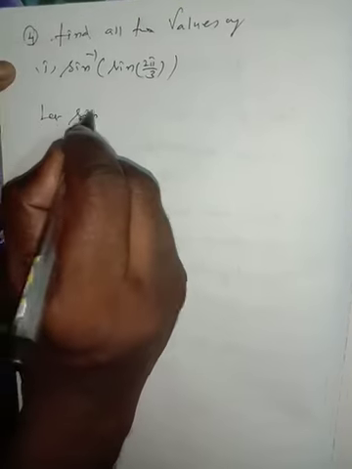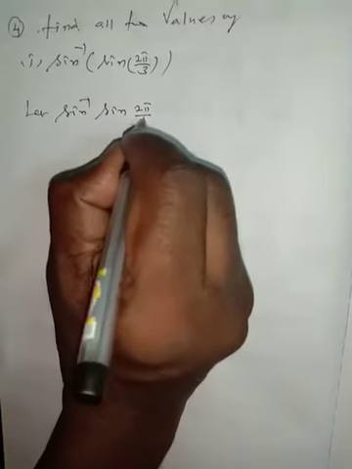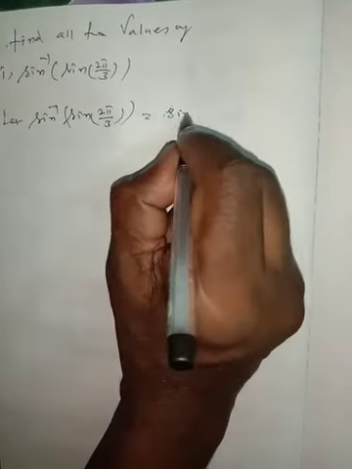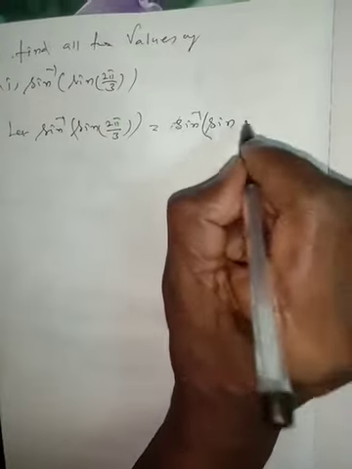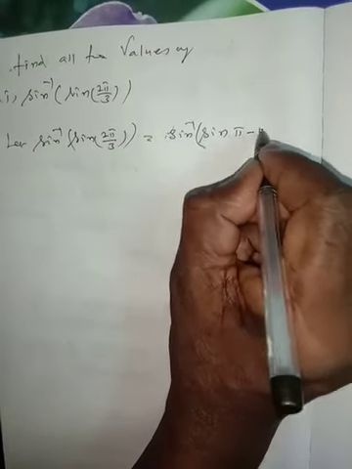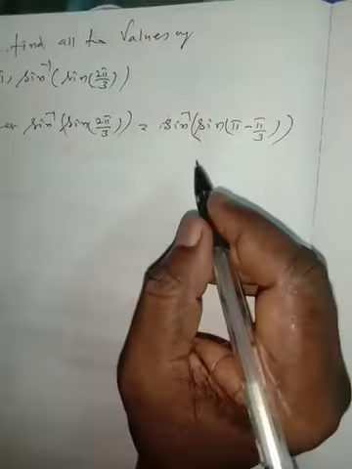Let sine inverse of sine 2 pi by 3 is equal to sine inverse of sine of pi minus pi by 3.